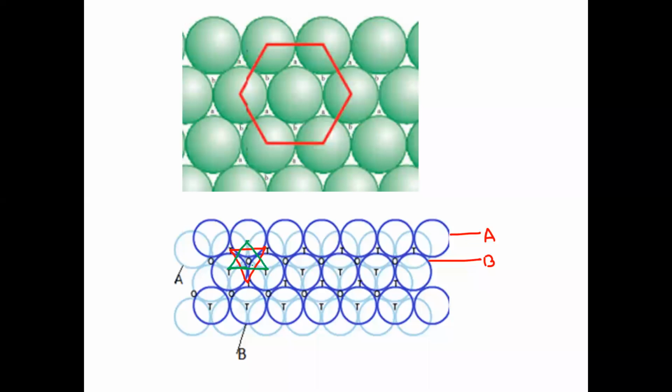So if you put another sphere to form the third layer over that octahedral hole, I used to funnily say, when you find the common hole, that is a common hole for the two adjacent layers.